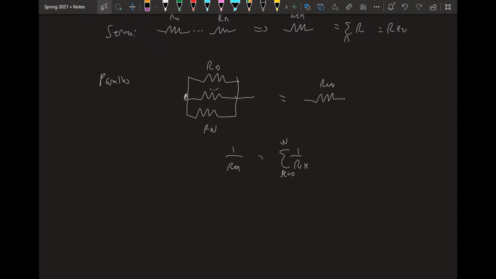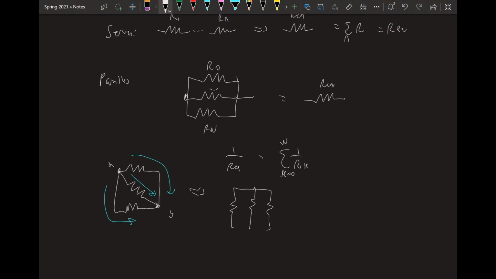We can get some crazy stuff, like if you have a node here. This may look really crazy, but they all start at node A and they all end at node B, right? So you can redraw this as they're all in parallel. So if you're ever unsure, look at the two ends of the node to make sure things are in parallel.